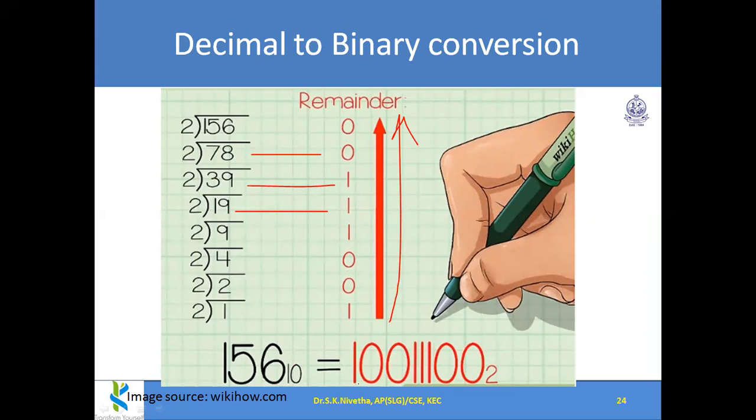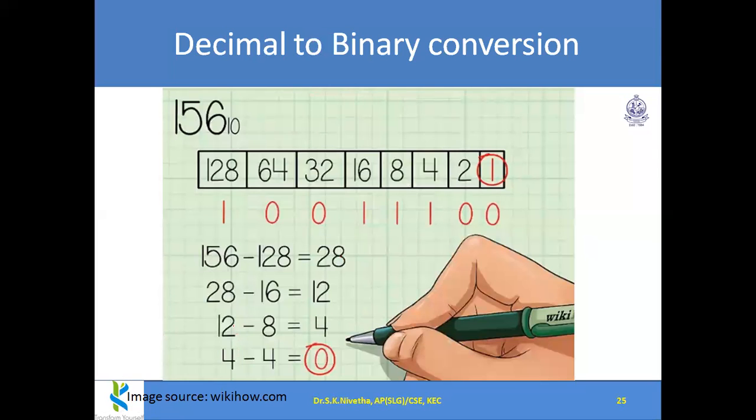So then we will get the binary form, 10001100, for the sample value 156. In another way, we could say 156. So the combination of values, if we put, in what way is it coming 156.